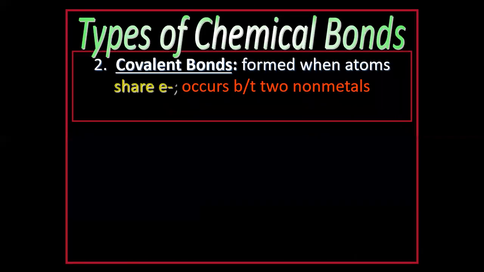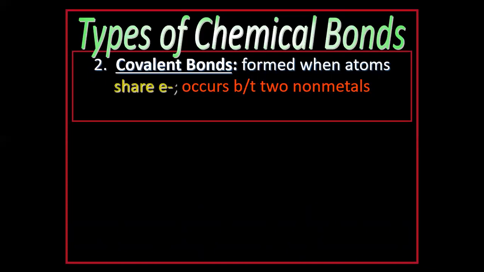The second type of chemical bond is the covalent bond. A covalent bond is formed when atoms share electrons. Remember, a covalent bond occurs between two non-metal atoms. In both atoms, the electrons are shared. The valence electrons are shared because non-metals have higher electronegativity.